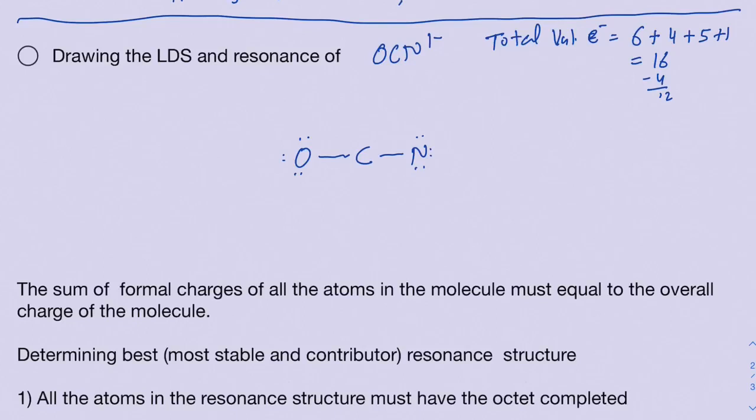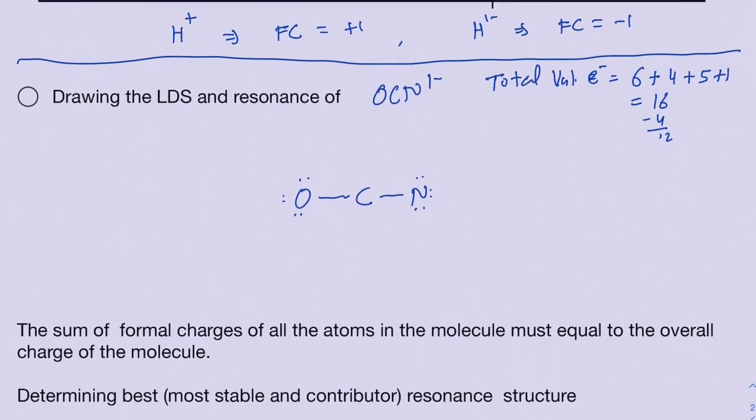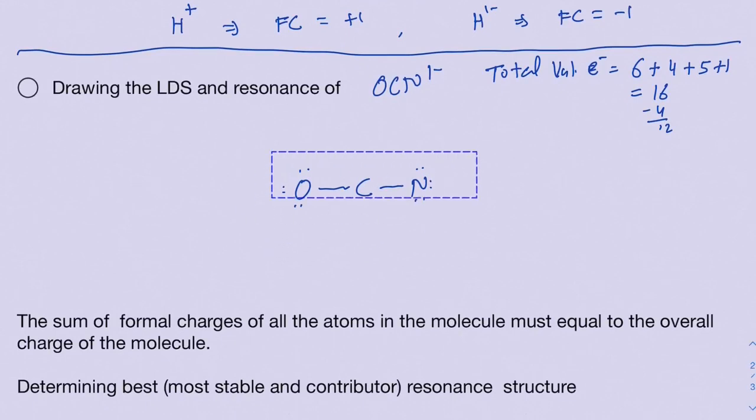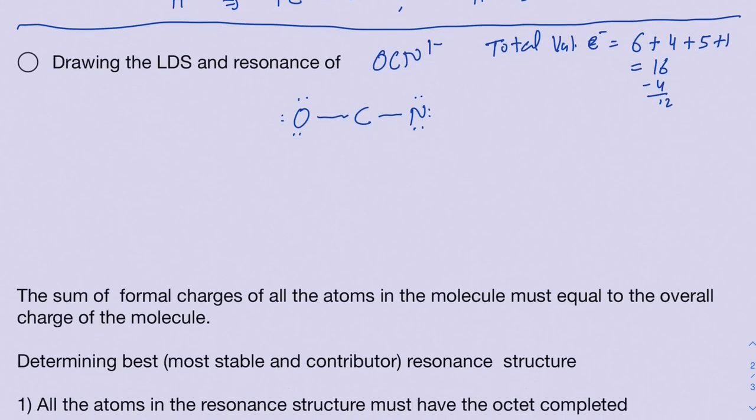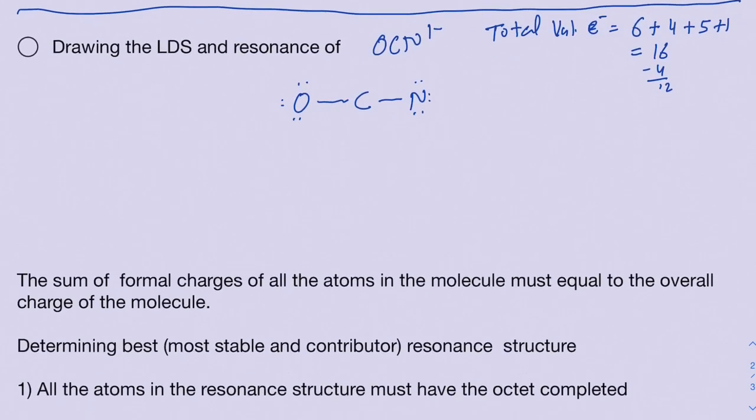Now before you finalize your structure, you got to make sure you have your octets completed. So for example, let me just copy this down and move this a little bit up here. Okay, if I look at the octets, nitrogen is happy, it's got 8 electrons. Oxygen is happy, it's got 8 electrons. Each of them has 3 lone pairs and 1 bonding pair, so that totals to 8 electrons.